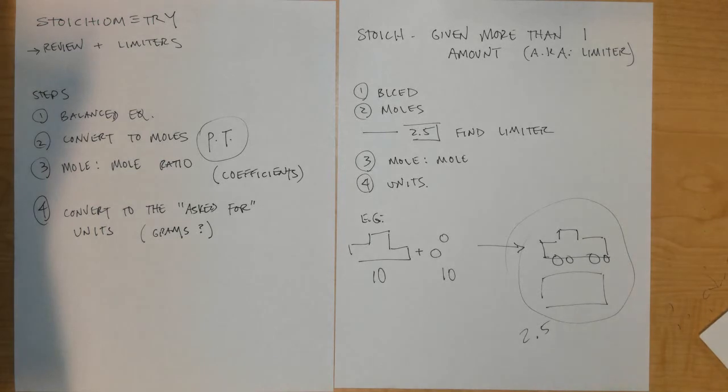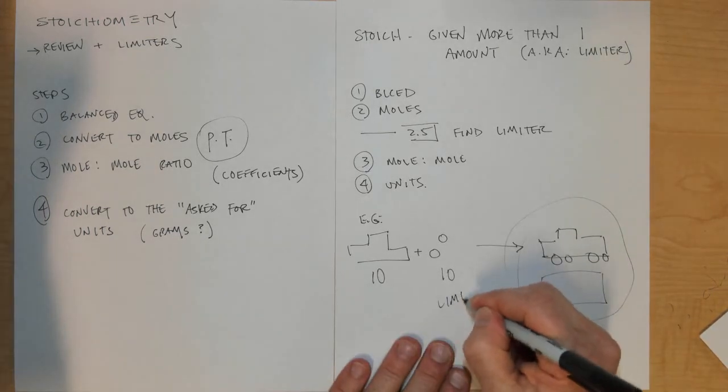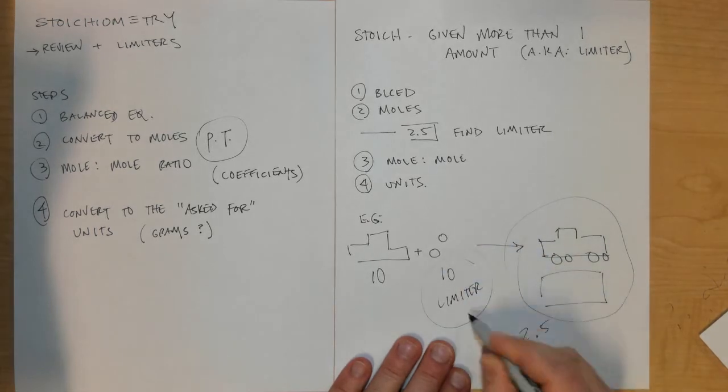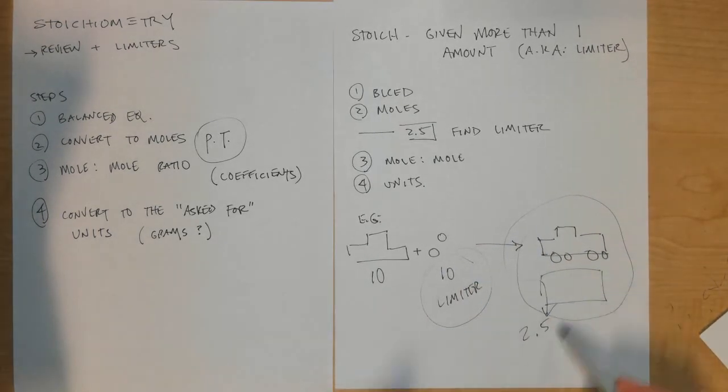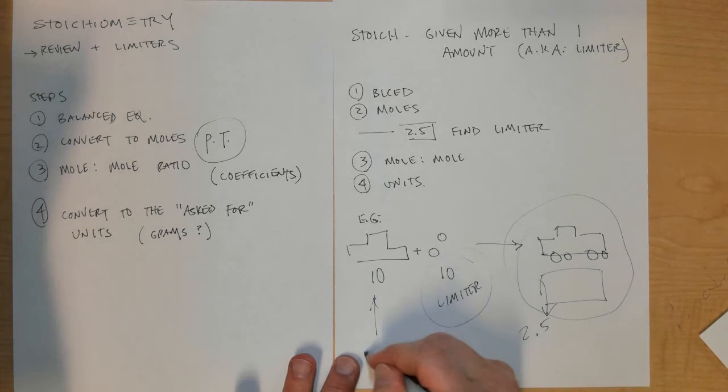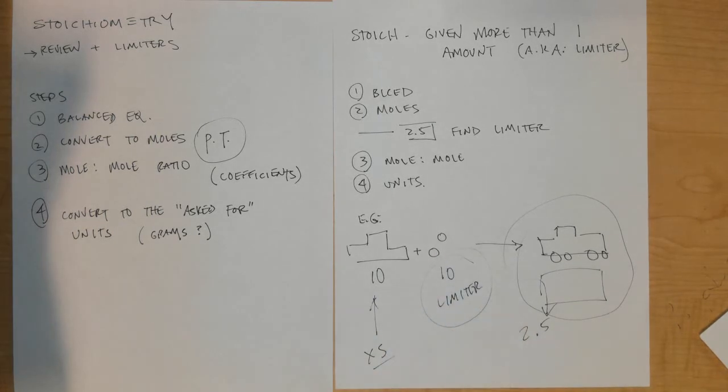Because I could make a half a car with only 2 wheels on it, although it really wouldn't be a car because it wouldn't work very well. You just did limiting reactant stoichiometry, because this one right here is called our limiter, because it limits the production of how many cars I can make. Now, one of the trickier questions is, how much excess car bodies do I have left?